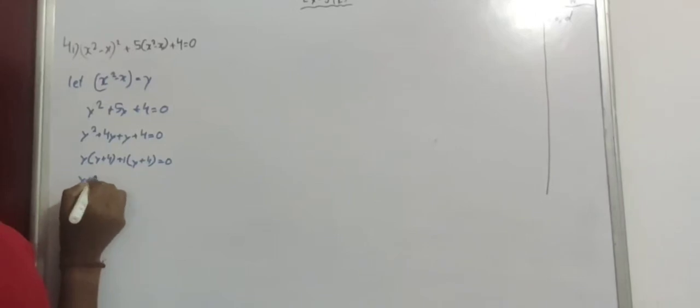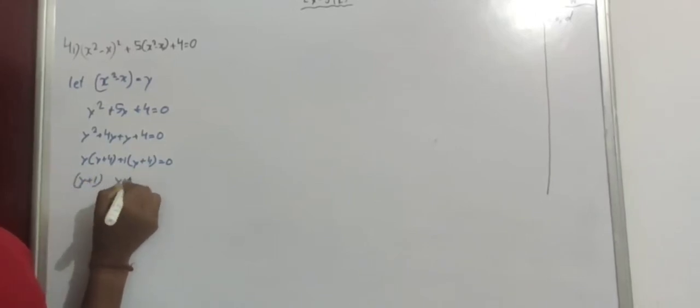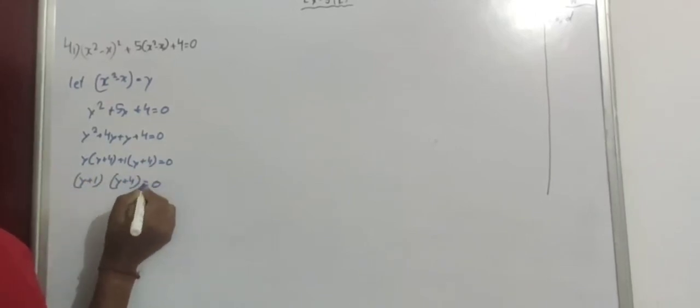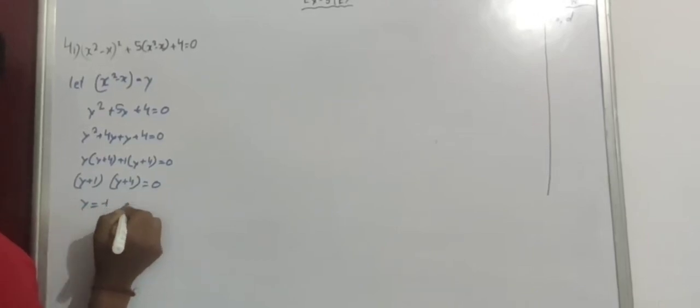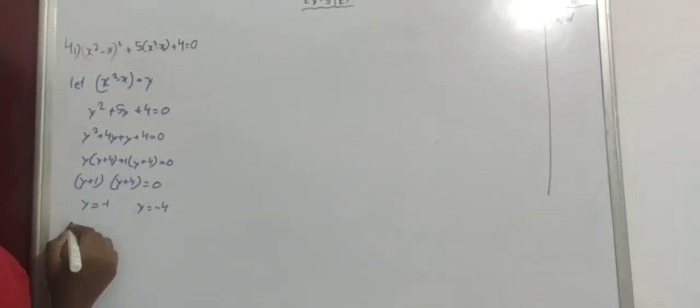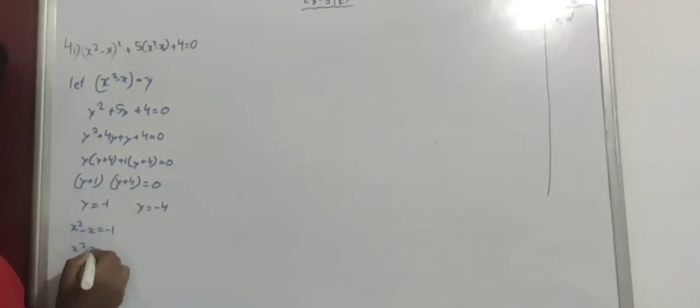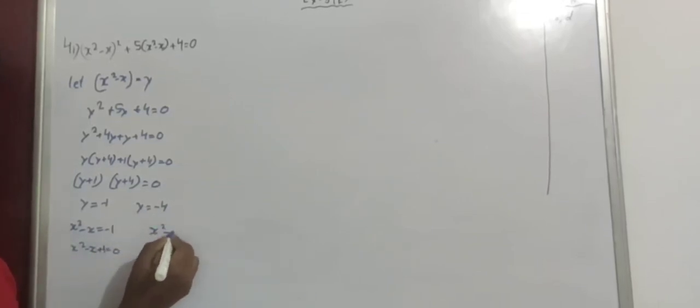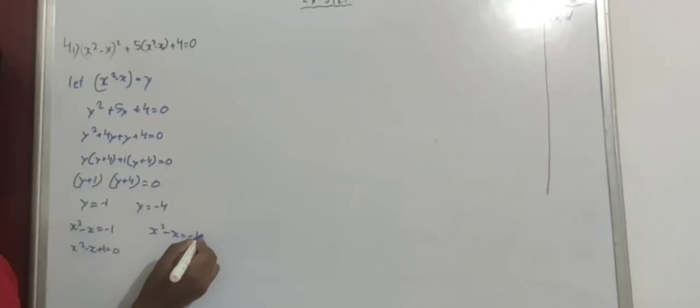So we have y plus 1 and y plus 4 is equals to 0. On separating it, you will get y is equals to minus 1 and y is equals to minus 4. So y is equals to x square minus x is equals to minus 1, so x square minus x plus 1 equals to 0. Here you have x square minus x is equals to minus 4, so you have x square minus x plus 4 is equals to 0.